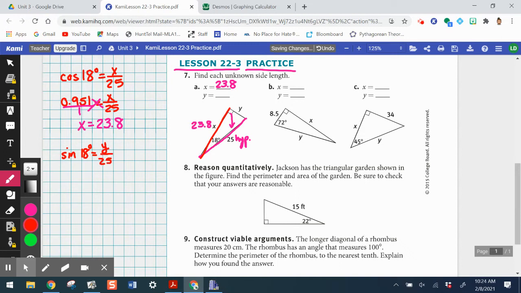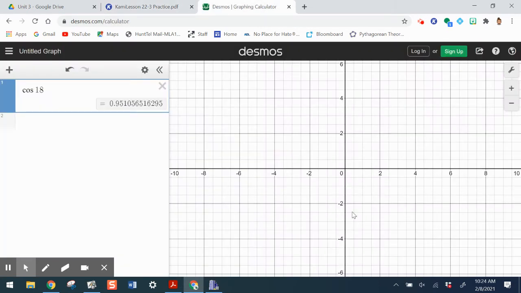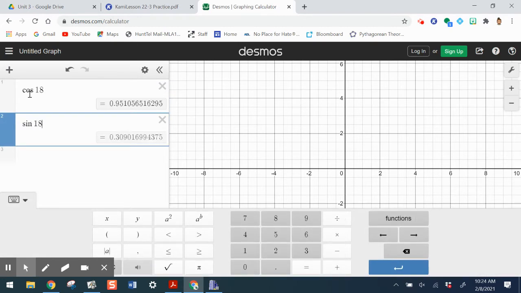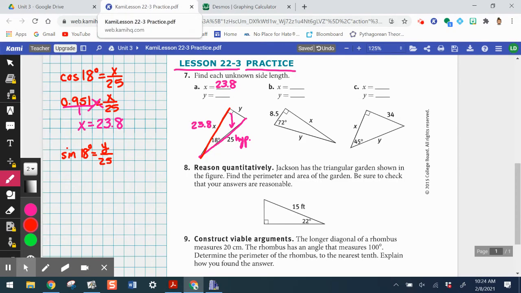Now I'm going to find the approximate value of the sine of 18 degrees. So let's just do that now. Sine of 18. I see that the 9 is in the thousandths place and there's a 0 behind it, so it would be 0.309. So I'm going to replace sine of 18 with 0.309, equal to y over 25.